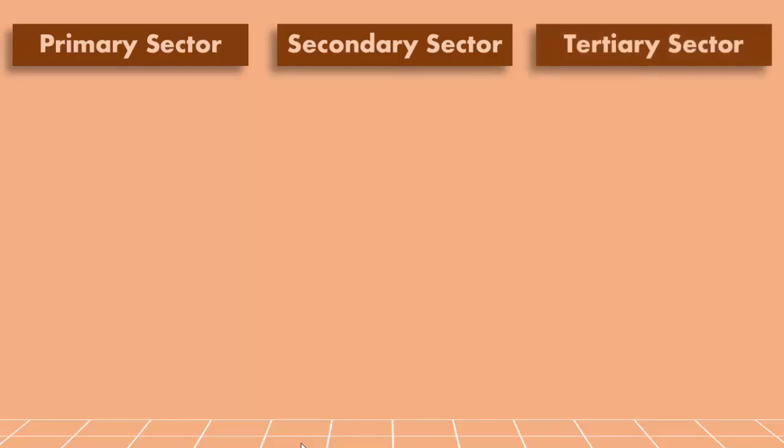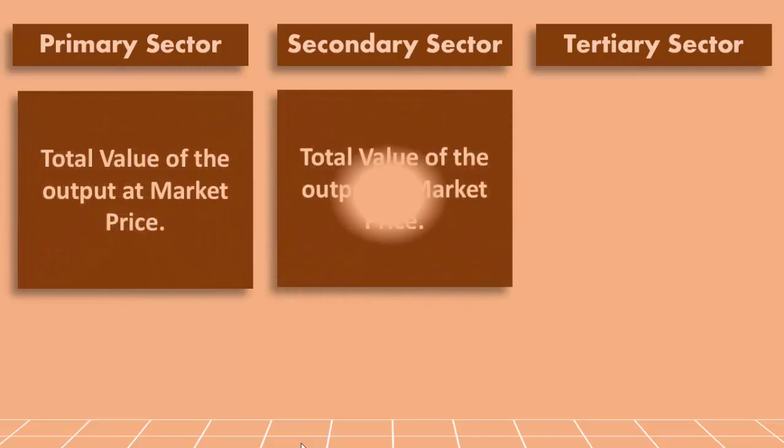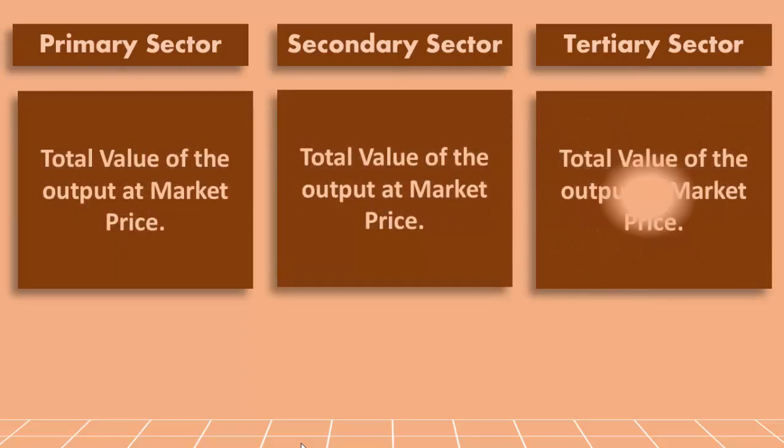Next step is to calculate the money value of the output for each sector at market price. From this, we have to find the gross value added by these sectors.